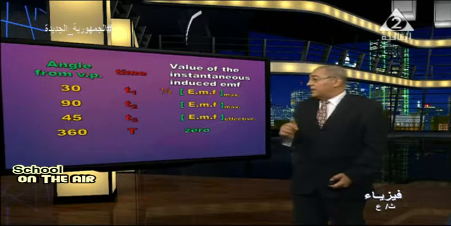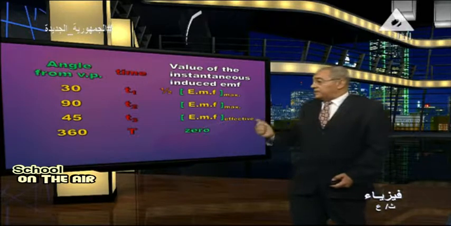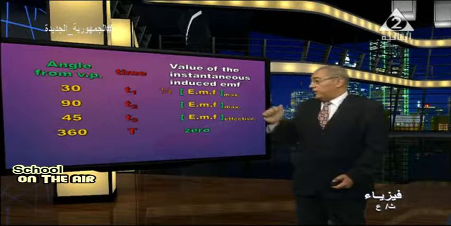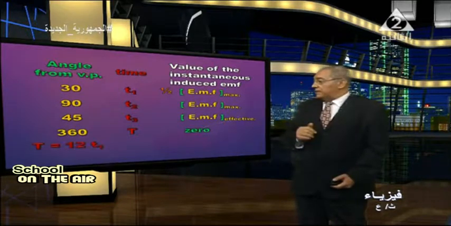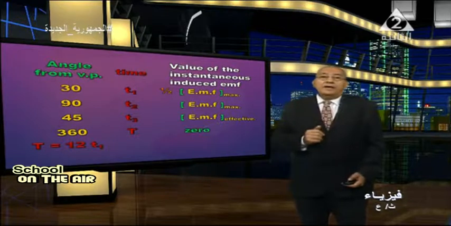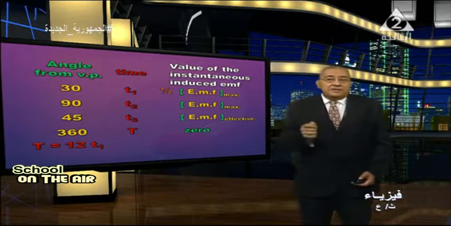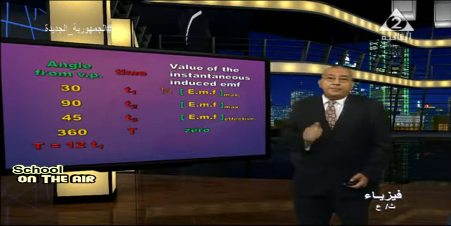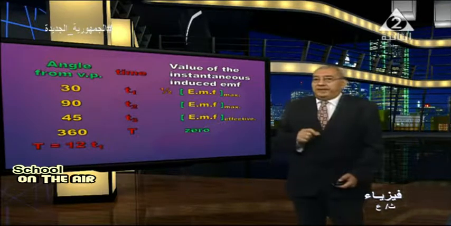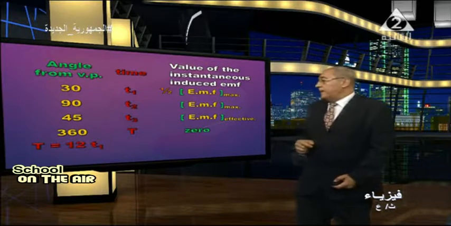And now we can compare, yes, 360 to 30. Dividing 360 by 30 will give 12. Okay, and I advise you to write this slide, this shot. This is very important piece of information, okay?